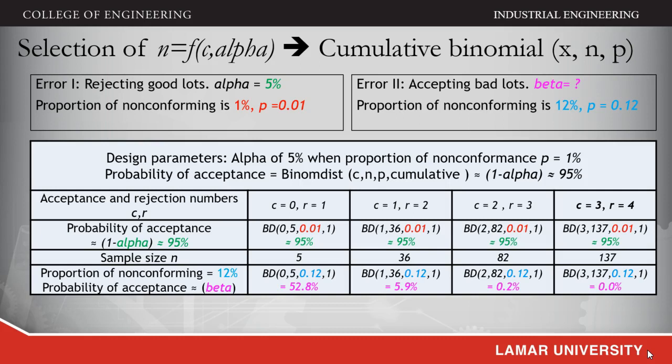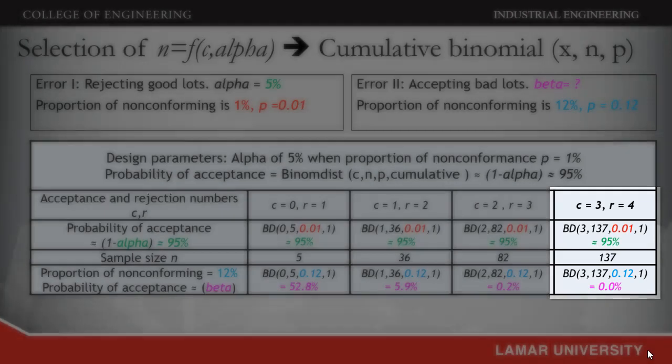Finally, in the last computation, if we use an acceptance number of 3, we can increase the sample size to 137. With 137, if we have a non-conforming of 12%, we have virtually 0% chance of not detecting it when the proportion of defectives in the lot is 12%.